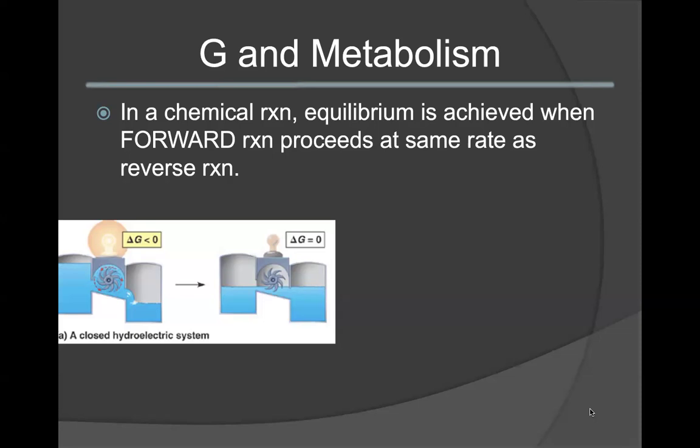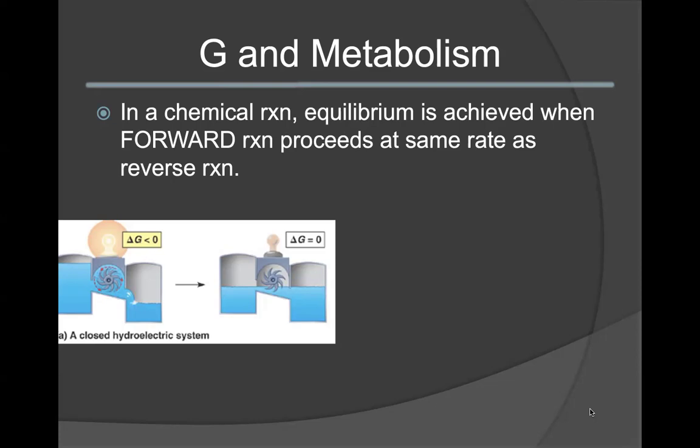This represents an inequality in energy. So water is going to flow from the high level to the low level. It is going to power the turbine, and this excess energy in this case will be used to light the light bulb. This is representative of a reaction where the delta G is less than 0.